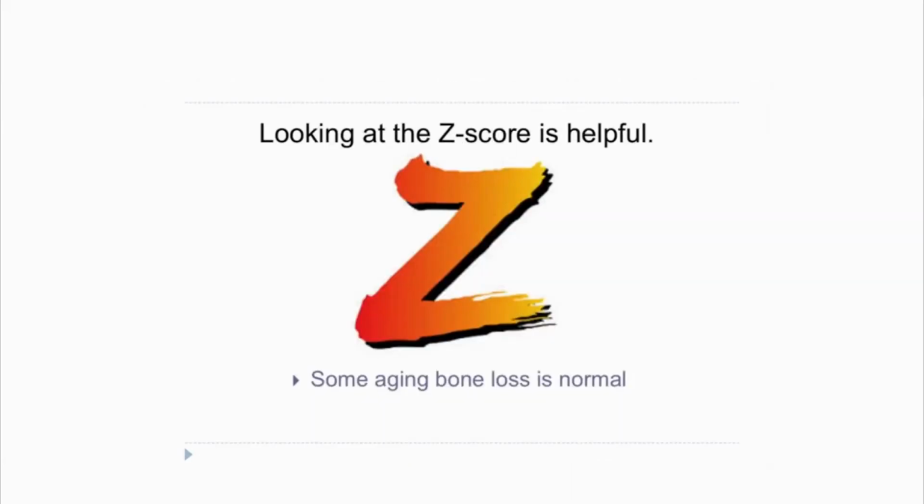Remember, looking at Z-score is helpful. It's helpful to compare your bone density to that of people your own age. Some aging bone loss is normal. I always expect to see a bone density at least similar to people your own age. When we get a bone density that's much lower than people your own age, like -2 standard deviations, you know that's an unusual bone loss, and you really should talk to your doctor about looking for the causes of bone loss.